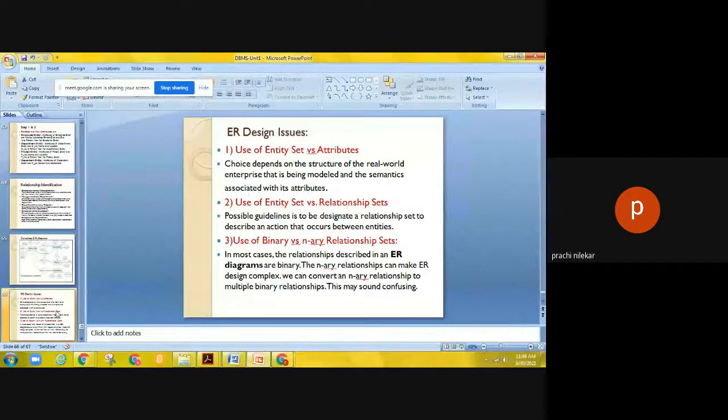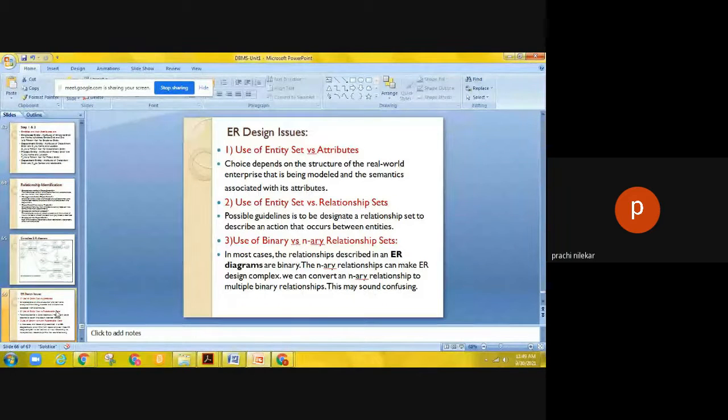For example, mother is a parent who is parenting their child. Father is also a parent who is parenting their child. So mother, father, as well as child, there is a relationship of parenting. Now we have to convert this relationship into binary.